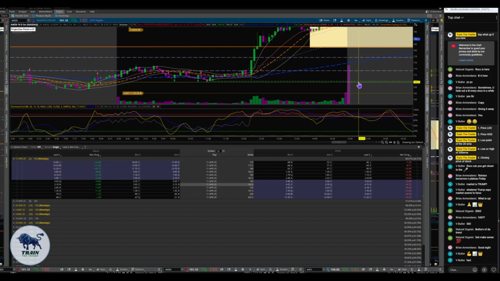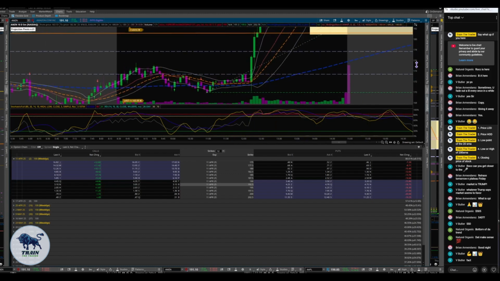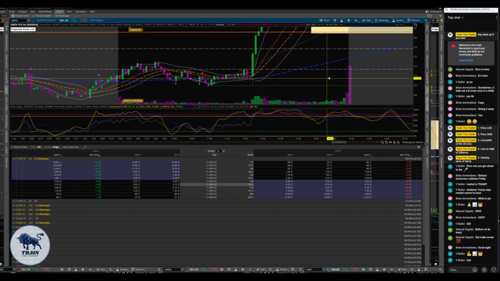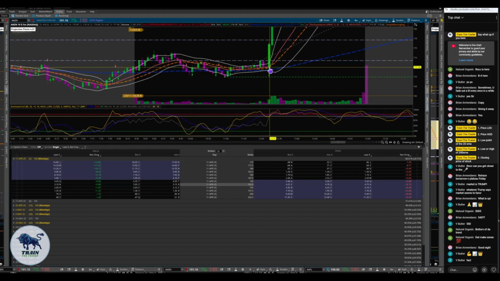All this happened. I looked at my phone and was like, holy shit, there's no way it dropped so quick. And in the same candle, this is the 5-minute candle right here, this candle started hella red and then just exploded. So it wasn't even the whole 5 minutes. Crazy, man.